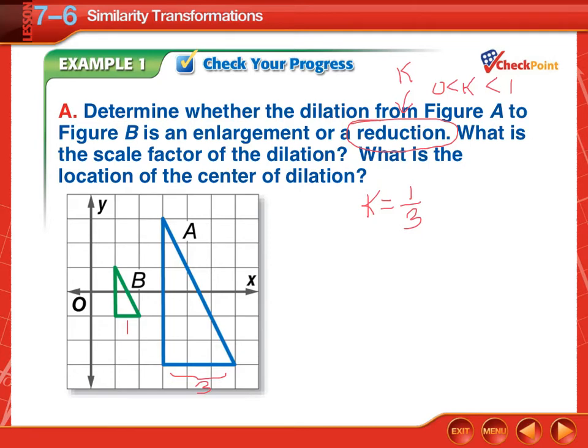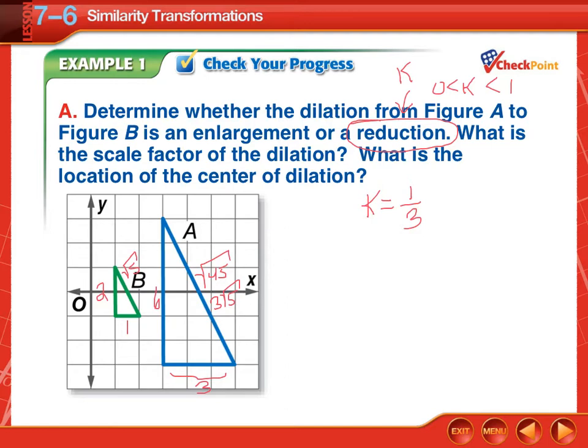So here we have 2, and over here we should have 6, which we do. And on the hypotenuses here, we have the square root of 5. And here, again, we have the square root of 45, which, if we simplify, is 3 square roots of 5. So in every case, all three sides have the scale factor of 1 to 3.